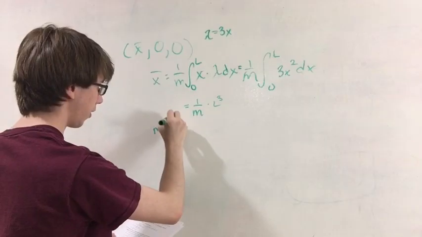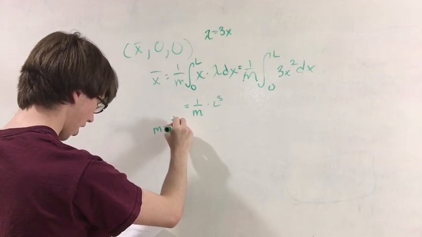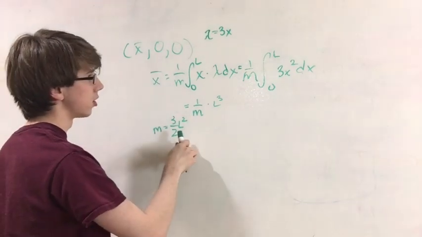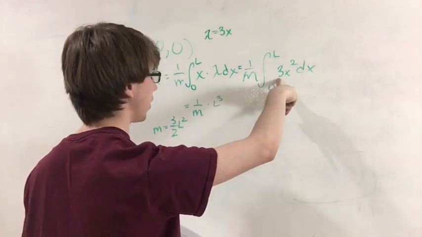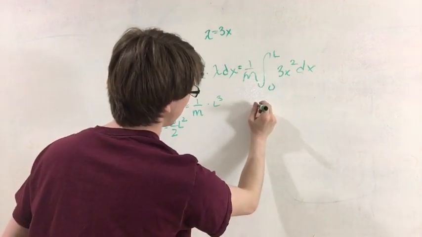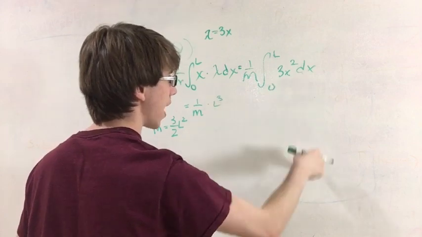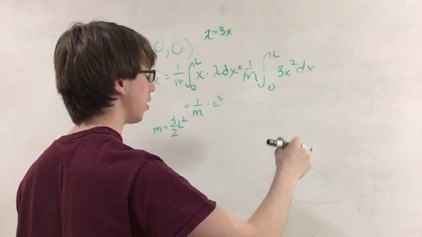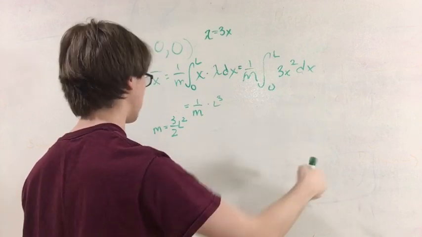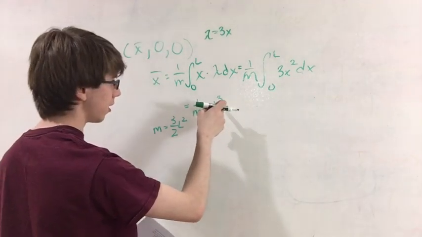1 over m times x cubed, L minus 0, so that's going to be L cubed. Okay, 3 over 2 L squared, because it's just the integral of 3x from 0 to L, so that's going to give you 3 times 1/2 x squared from 0 to L. You can remove the 0 because it's going to give you 0, so it's going to be 3 over 2 L squared, right? Then you just divide.